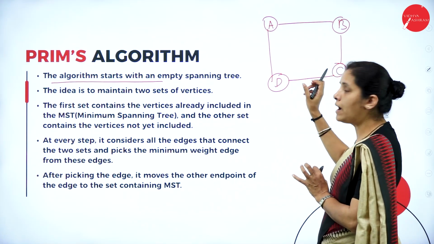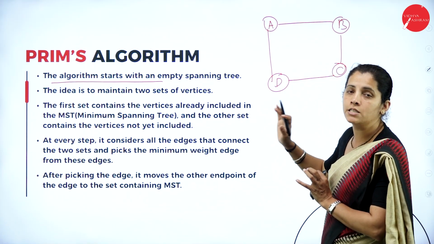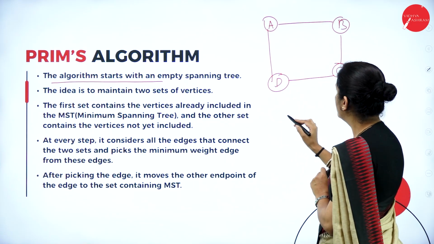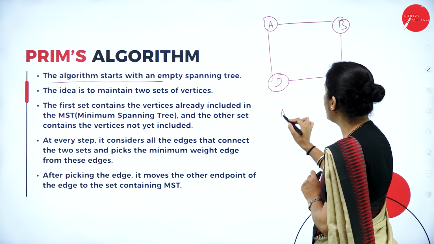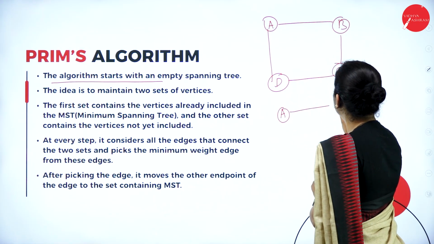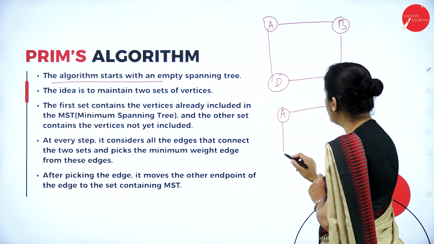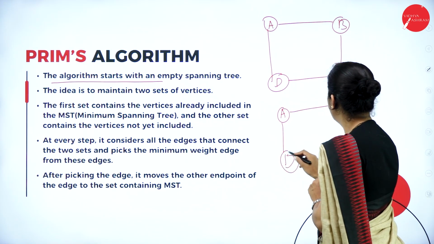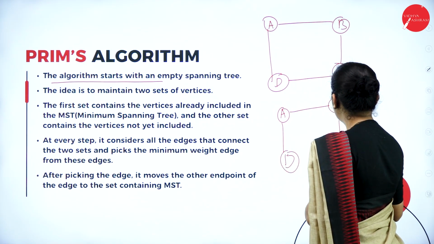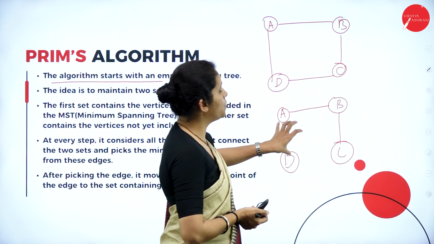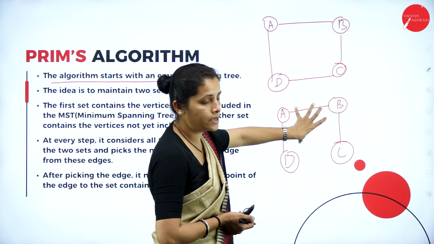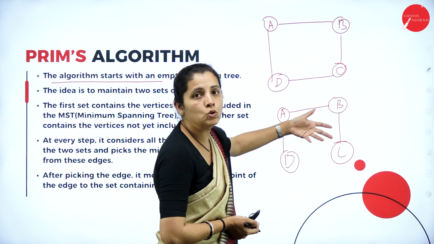In a graph, I'm going to extract the spanning tree. If I want to draw the spanning tree, from A it is B, from B it is D, and from B it is C. This is an example of a spanning tree. There is no cycle, there is no loop.